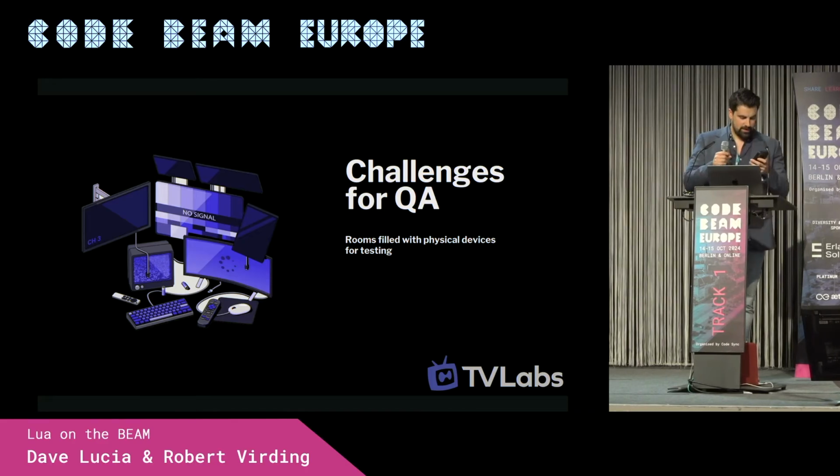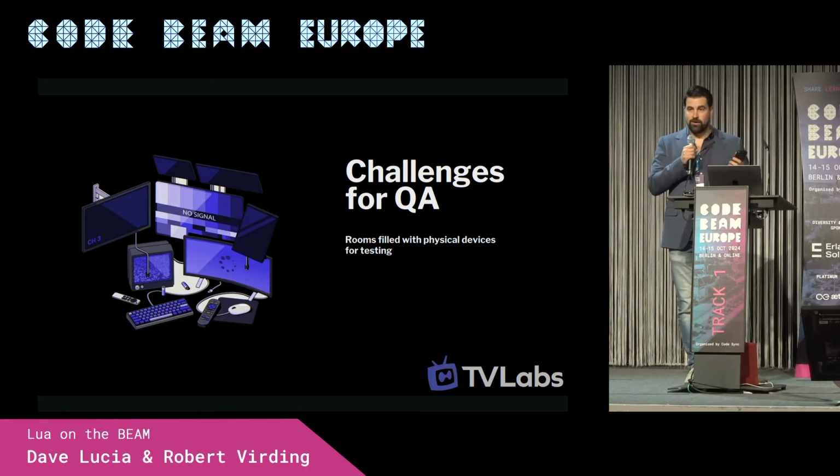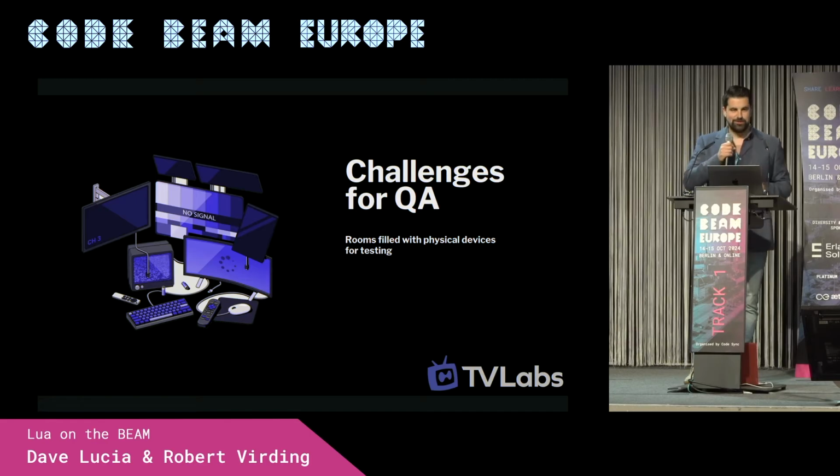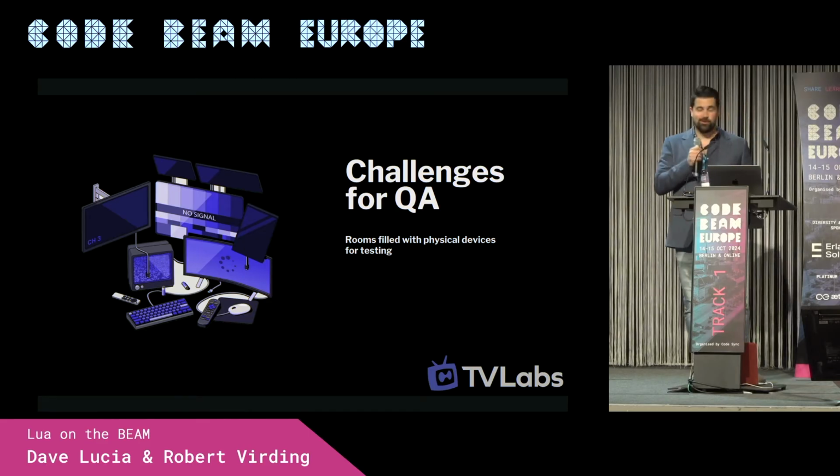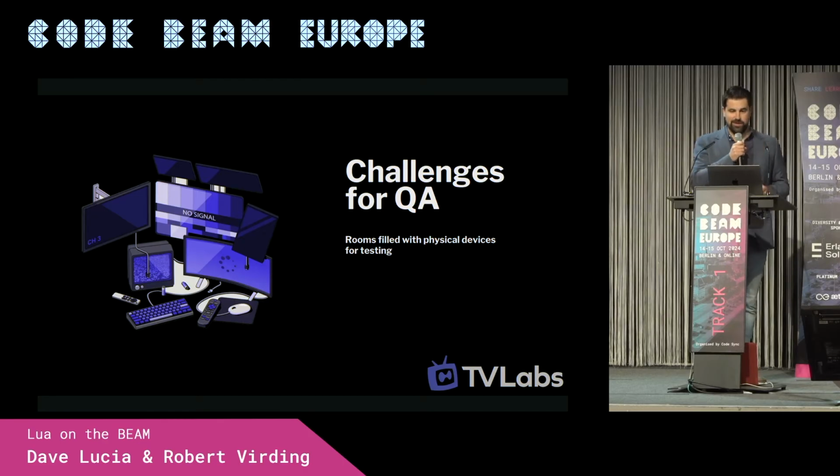People will actually walk up to a TV lab, upload their build with maybe a USB stick, and poke around the application and test different workflows, certify releases, etc. You can imagine this is slow, cumbersome, and a bit expensive to do at scale.